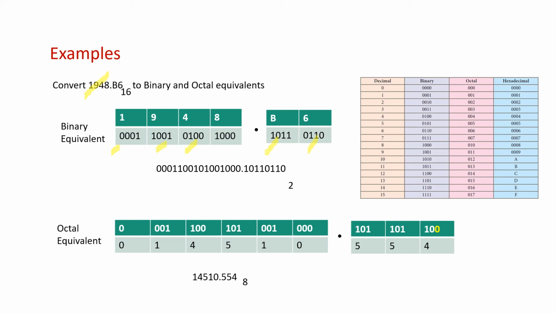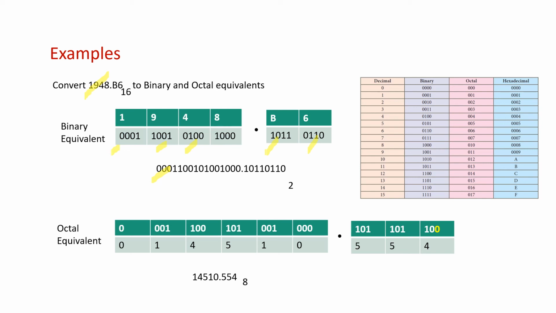So the binary equivalent of 1948.B6 is 0001 1001 0100 1000.1011 0110.